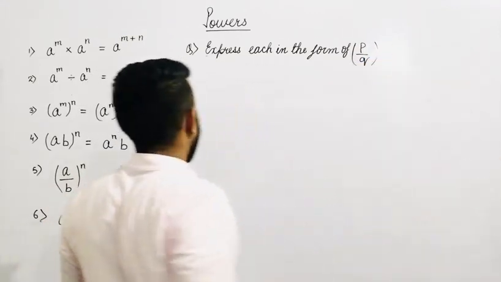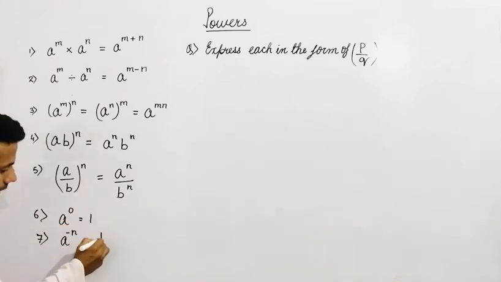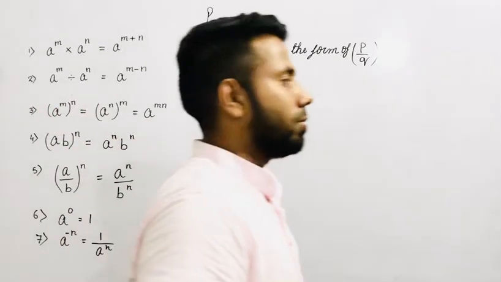Okay, one formula I have missed here, the seventh one. If I say it is a to the power minus n, then it also means that it is 1 by a to the power n. It reciprocates, it is 1 by a to the power n.